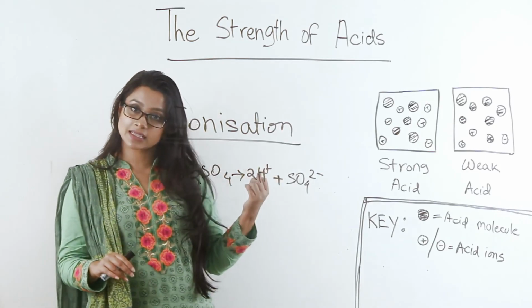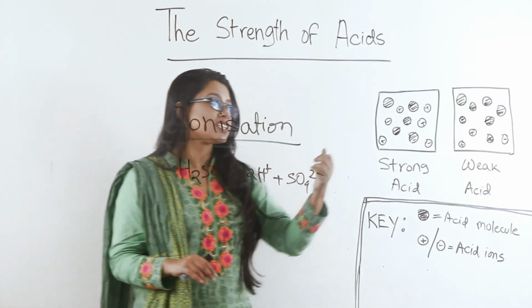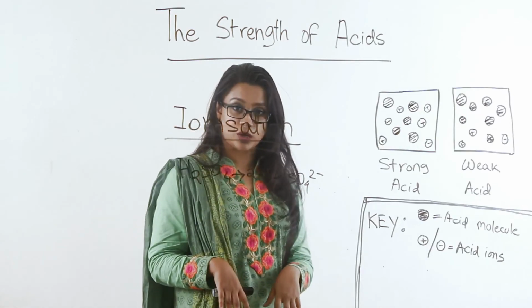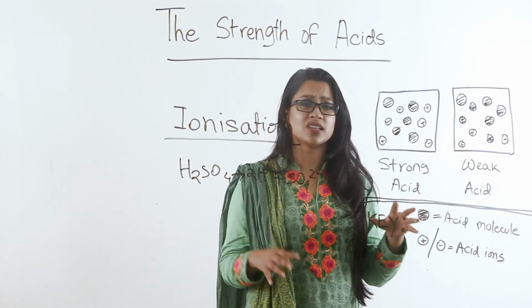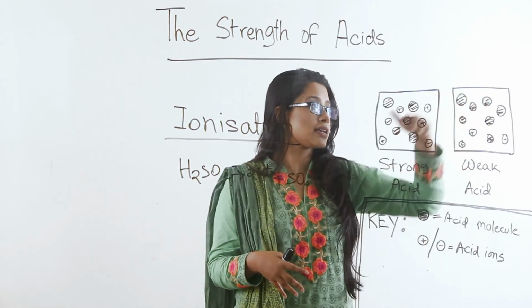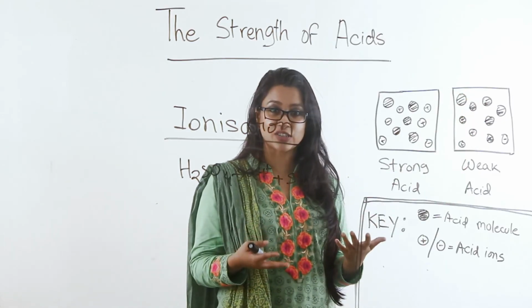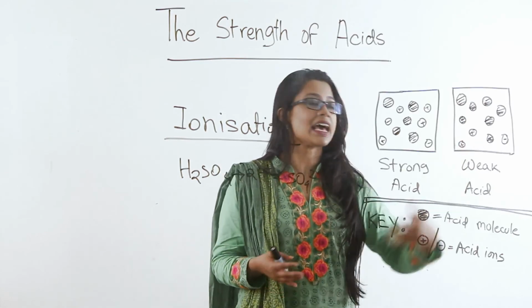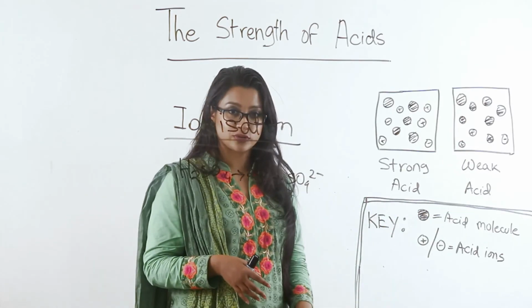Now, what a weak acid molecule does is, when it reacts with water, it ionizes very weakly or very loosely. So many acid molecules are left unreacted, and so fewer ions are produced.